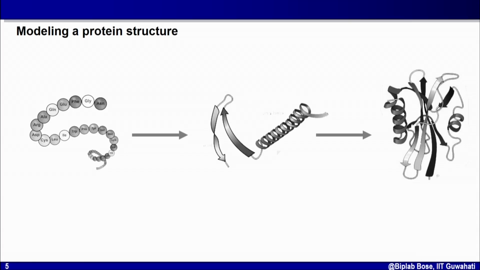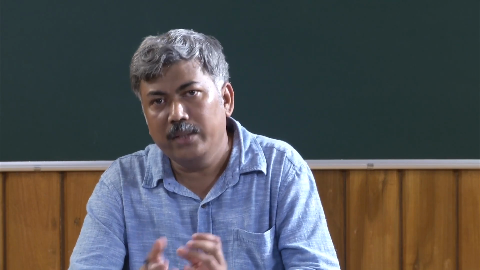As we know, the function of a protein depends upon structure. So you try to understand the structure of the protein. But if you do not know the real structure of the protein, you create a model of it using some mathematical construct, and you get a 3D model of the protein. From that, you try to understand what may be the function of the protein.